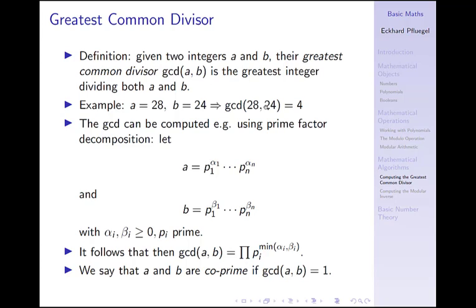Of course, the problem will be that for bigger numbers, it's very difficult to find those prime factors. But nevertheless, let's assume you have actually decomposed the number a as a product of p1 to the power alpha 1 times p2 to the power alpha 2 up to the nth factor pn to the power alpha n.